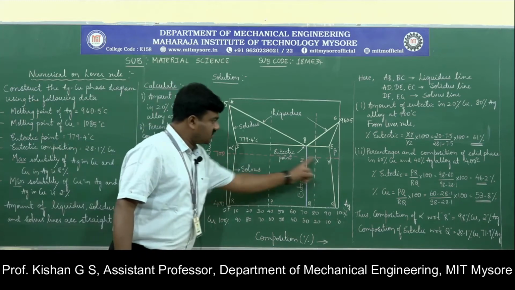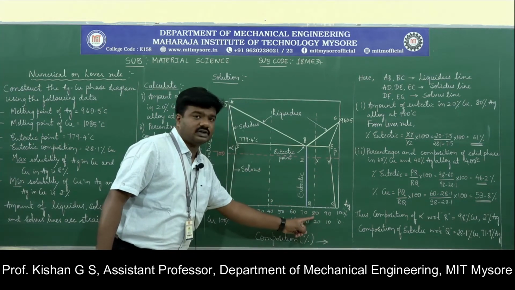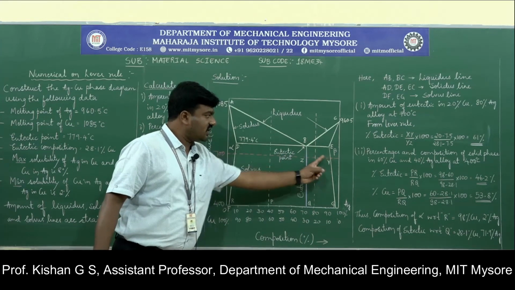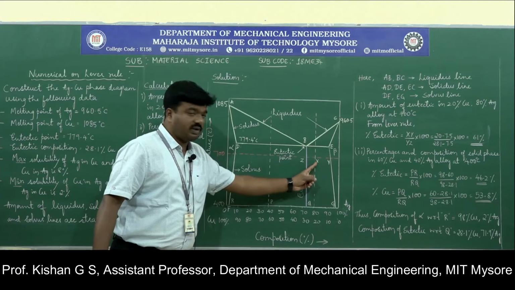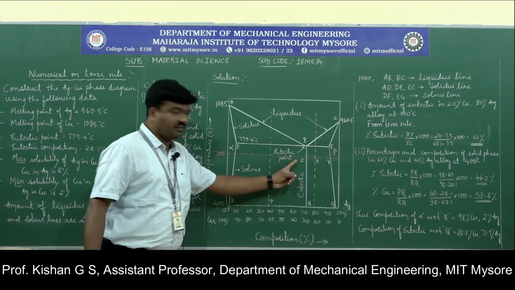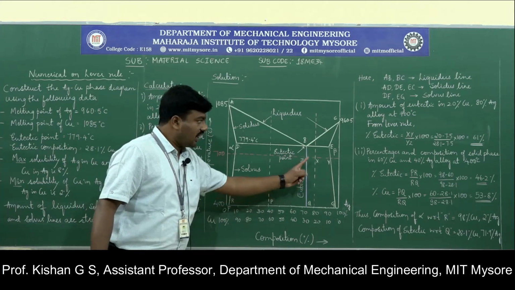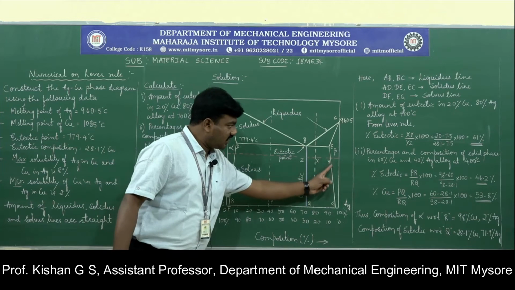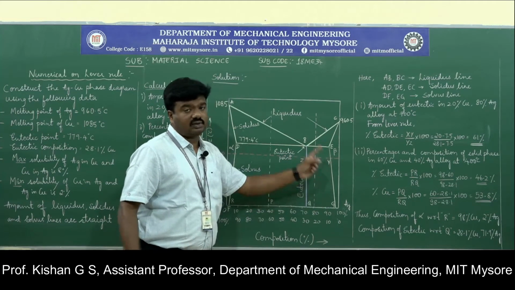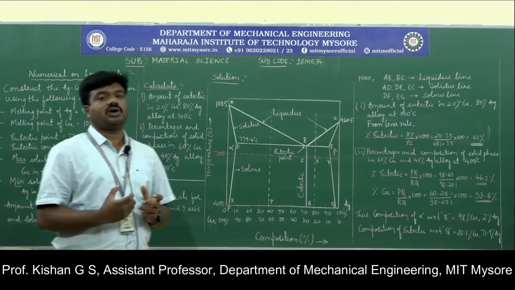So the 700 degrees Celsius horizontal line and the 20% copper, 80% silver vertical line. Wherever they meet, that particular point is taken to be X here. The point where the eutectic temperature is met is taken to be Z, and similarly the point meeting the solvus line is taken to be Y here.